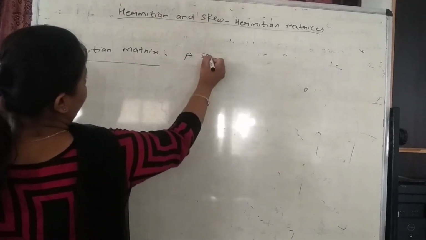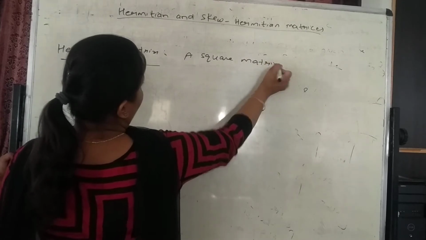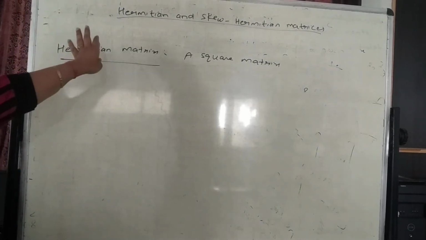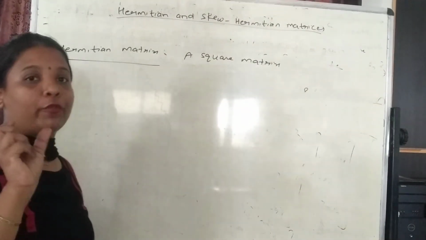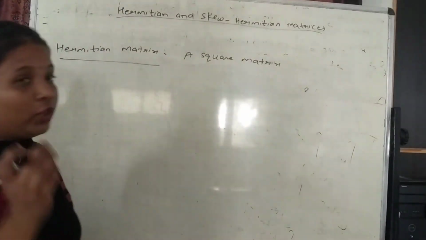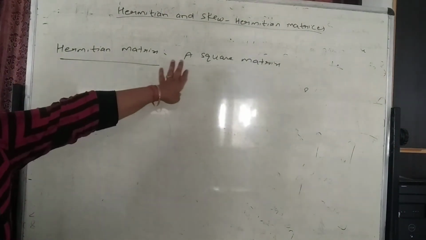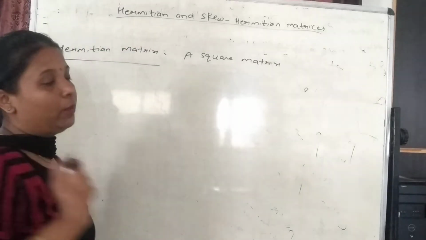For the definition of Hermitian and skew Hermitian matrices, we have to take only square matrices, because this definition is only applied to square matrices. What are square matrices? The number of rows and columns are the same. That is, we should have order 2 cross 2, 3 cross 3, 4 cross 4. We have to take only square matrices when we define Hermitian and skew Hermitian matrices.